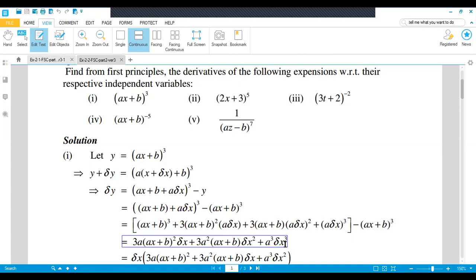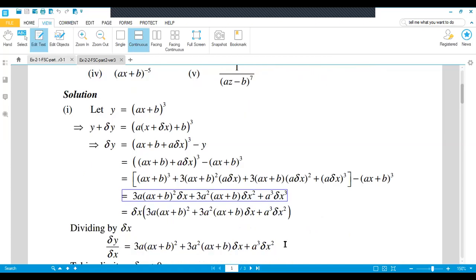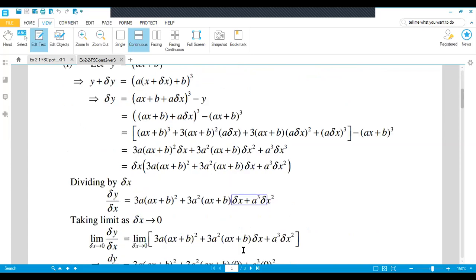Now delta x is common in all, so you take delta x common. When you take delta x common, then you divide both sides by delta x, so delta x will be removed and you get 3a into (ax plus b) whole square plus 3a square (ax plus b) delta x plus a cube delta x square.